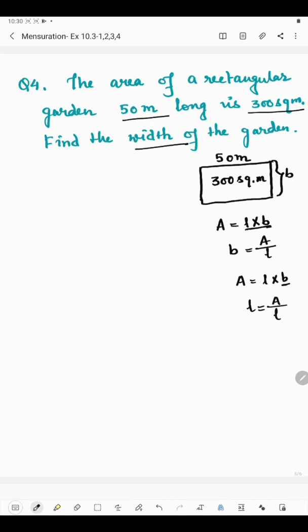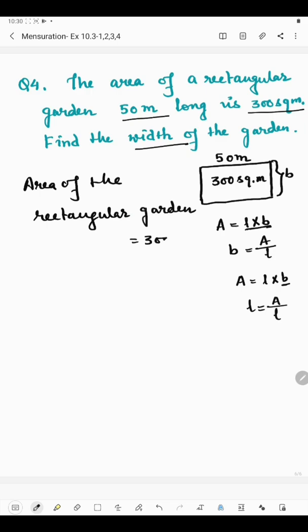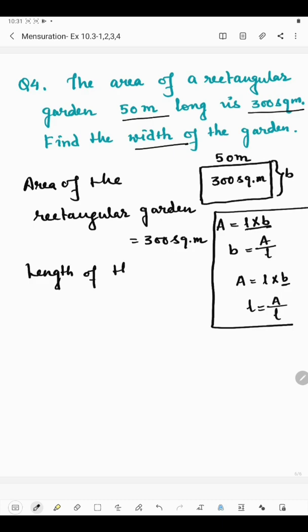So we'll write, area of the rectangular garden is 300 square meter, and length of the rectangular garden is 50 meter.